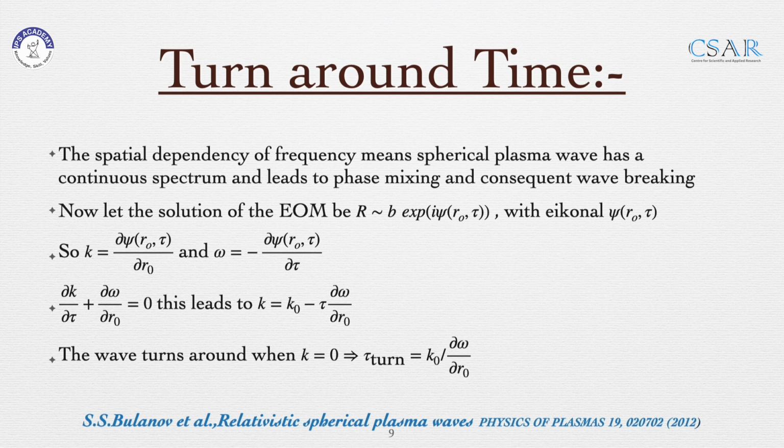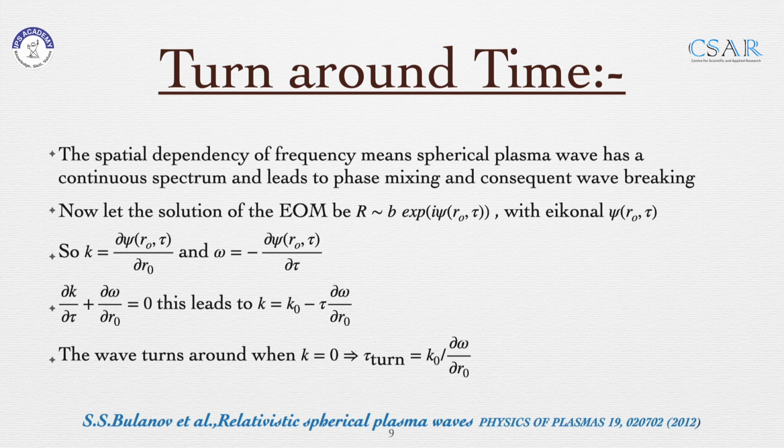From that we calculate k, the wave vector, and the frequency of the wave. Then using that k and omega, we calculate the relationship between k and the rate at which the frequency changes.